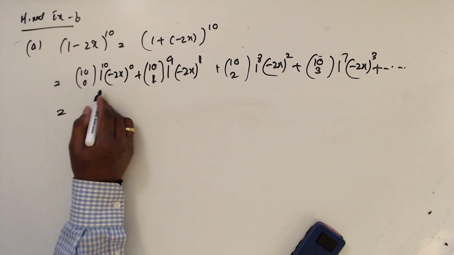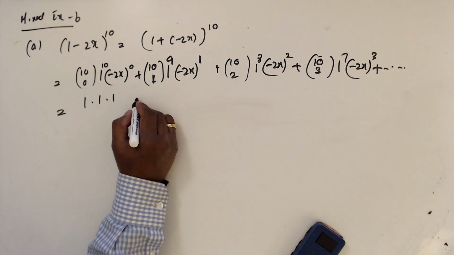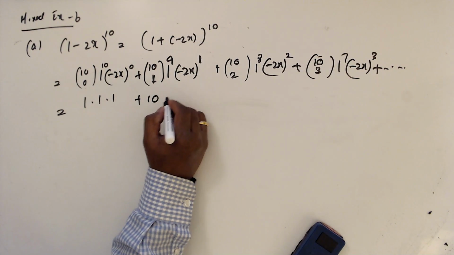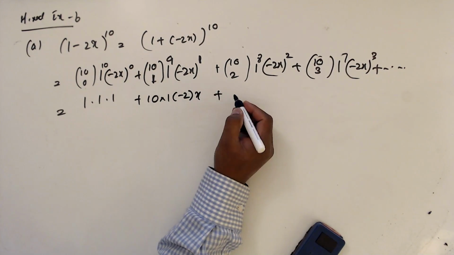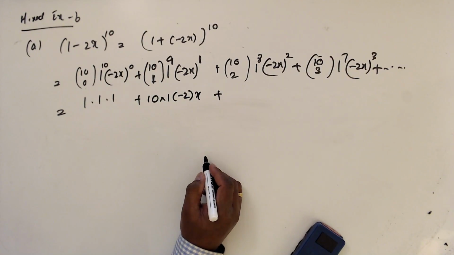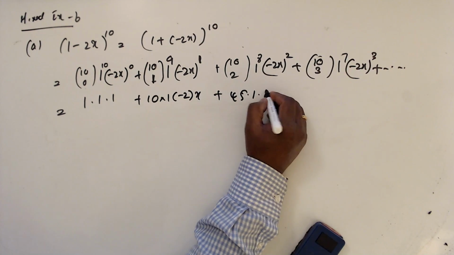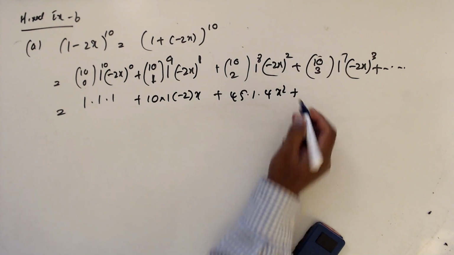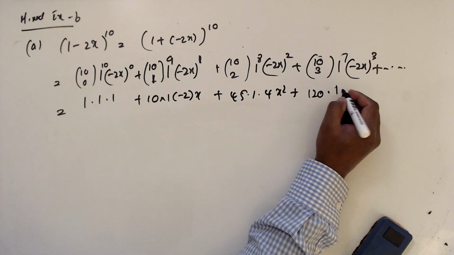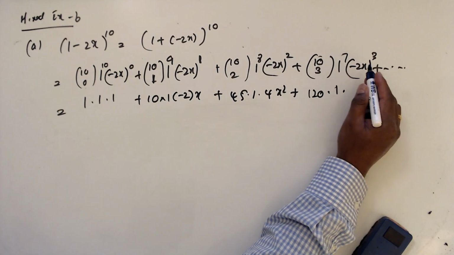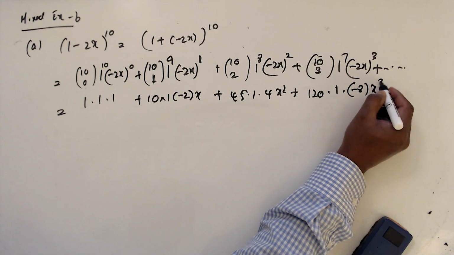So this is going to be 1, 1 and 1, and this is 10c1 times minus 2x, and 10c2, 45 times 1 times 4x squared, then 120 times 1 times minus 2 to the power 3, meaning minus 8 x cubed.